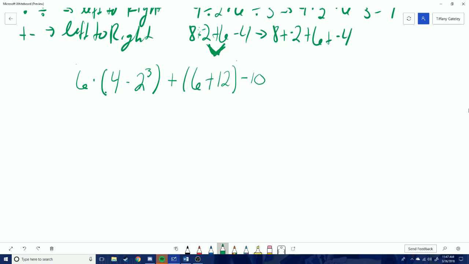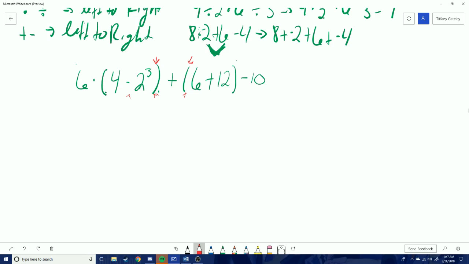Okay. So in this, you see you have two parentheses. But you can do these in any order because in this one it doesn't really affect the answer. I would just do this one first.